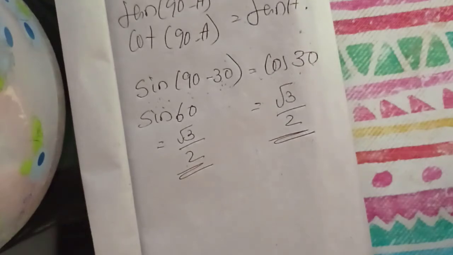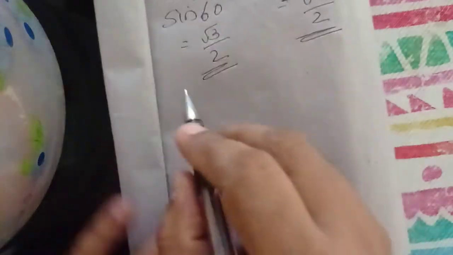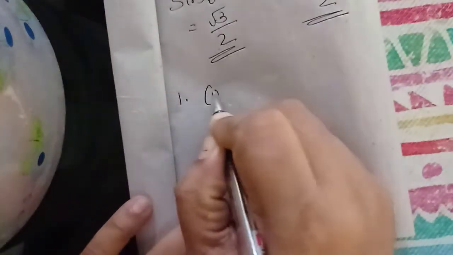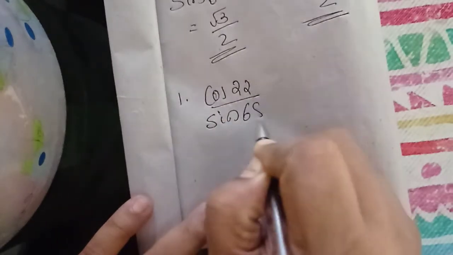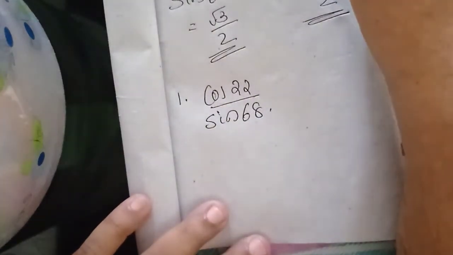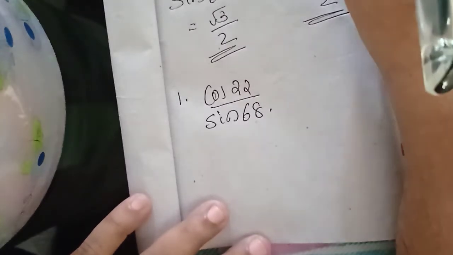Okay, write the questions. Right, the first question. Question number 1: cos 22 by sine 68. The question is to evaluate, or find the value of.